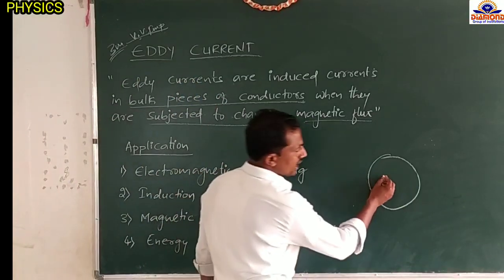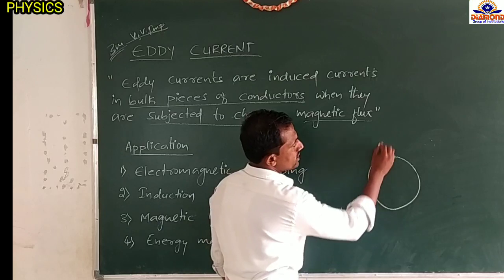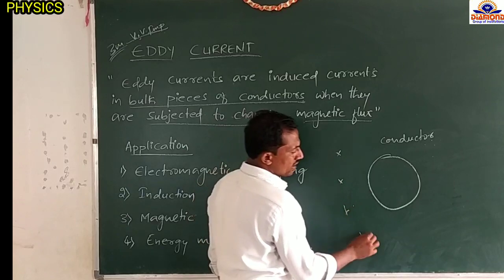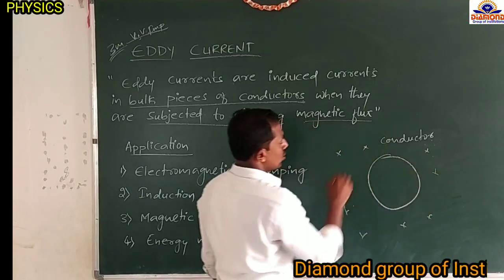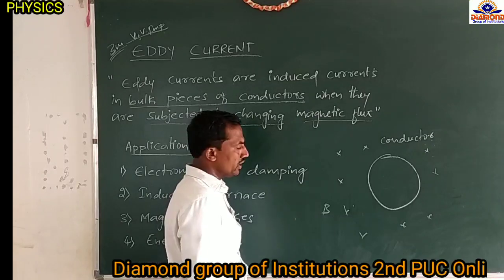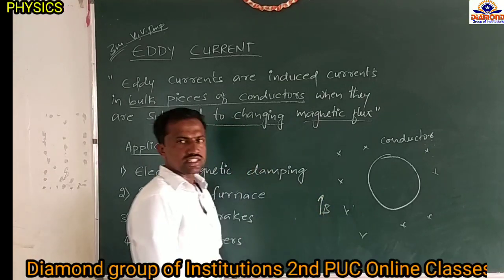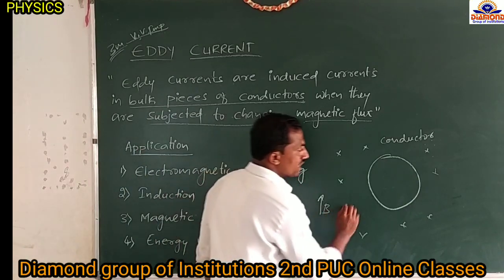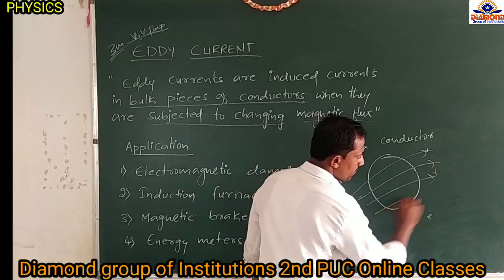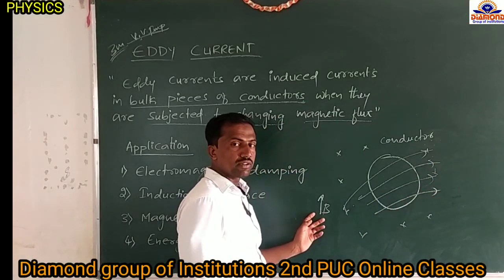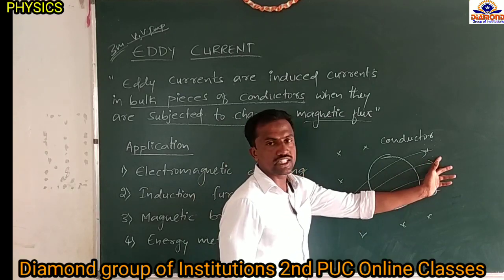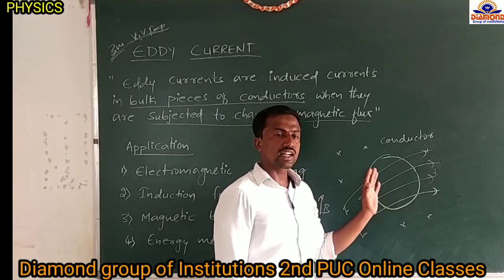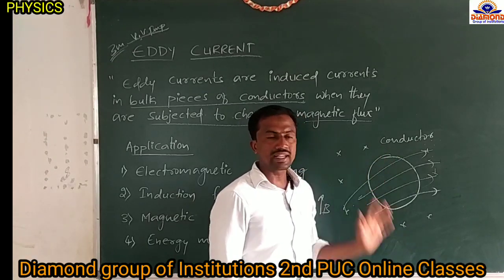Look at this side. We are taking one piece of a conductor. This conductor is surrounded by the magnetic field, and these cross lines indicate the magnetic field. If the magnetic field value changes, these magnetic field lines pass through the conductor. The number of magnetic field lines passing through the surface or conductor is called magnetic flux.